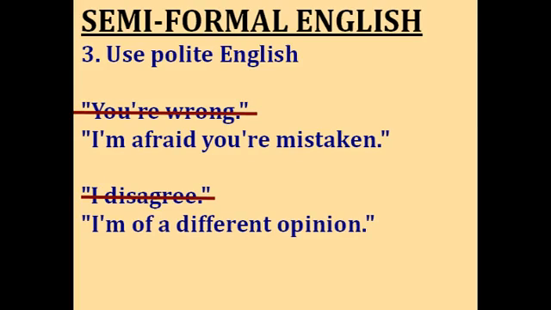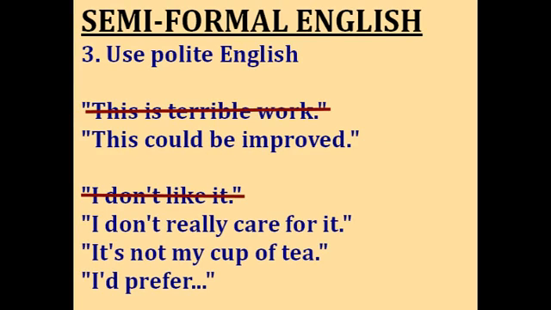And when disagreeing, or complaining, or criticizing, instead of just saying, I disagree, you can say, I'm of a different opinion, or I see it differently. It's just a little more indirect, and it's a little bit more diplomatic and polite. A couple more examples.